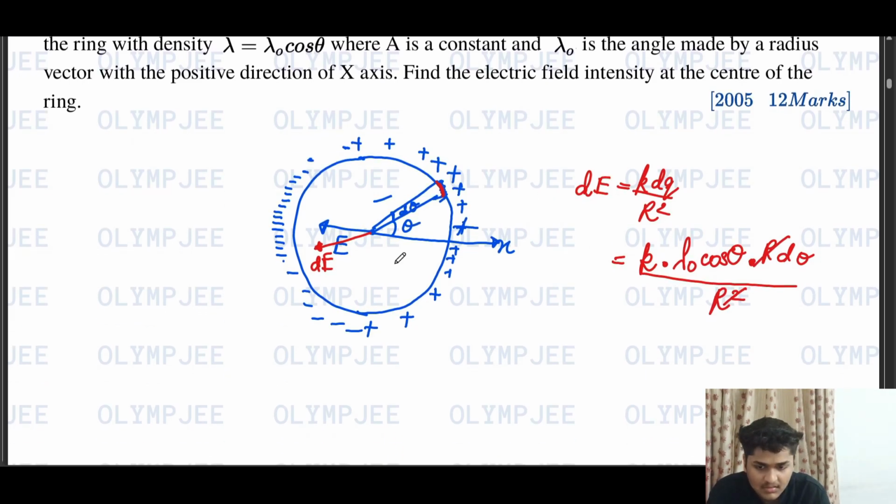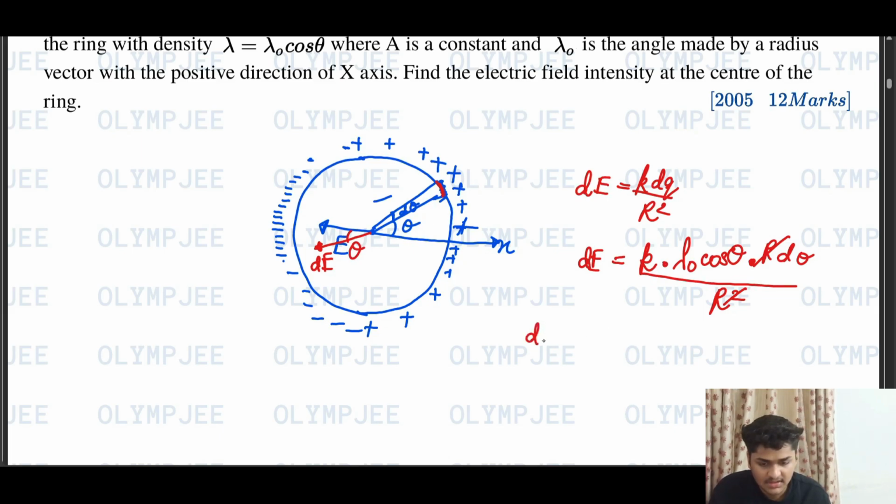Then since dE is a vector quantity, we cannot directly integrate this, because a vector has a magnitude and also a direction. So we can integrate only in the same direction. Since we know that the field is only in the x direction, we can take the x component and integrate. This angle will also be theta because of opposite angles.